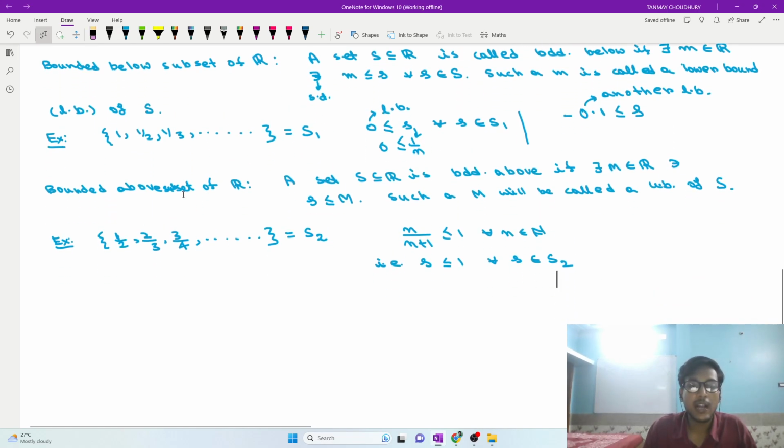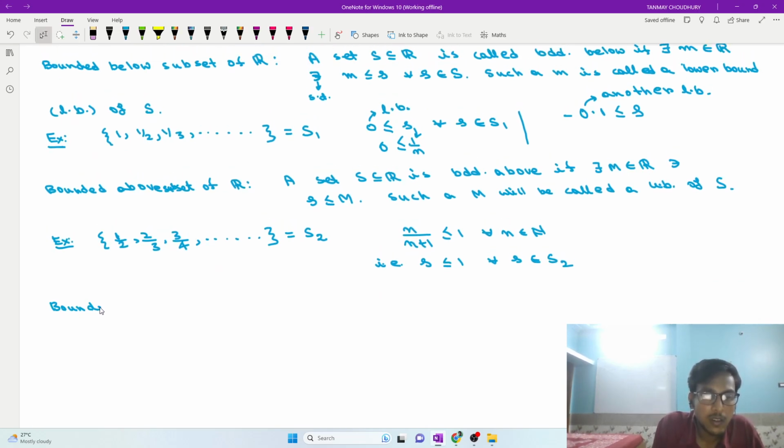So from here, now we will define what is a bounded subset of R. What is a bounded subset of R? It is one which is both bounded below as well as bounded above.